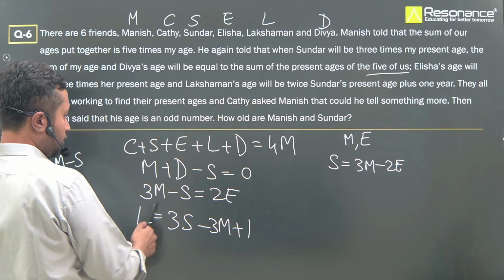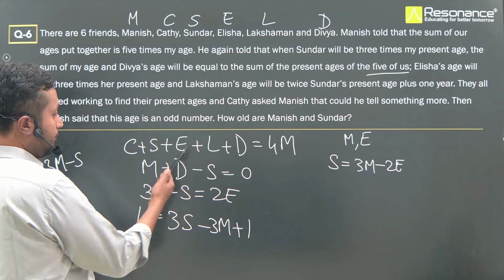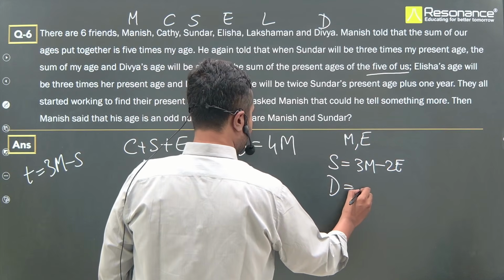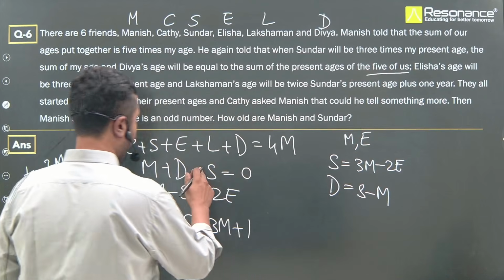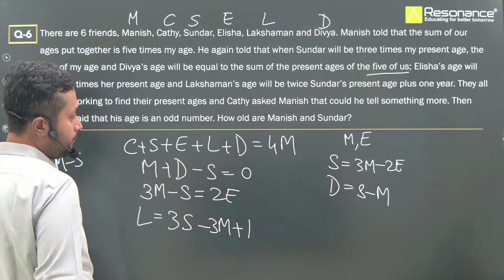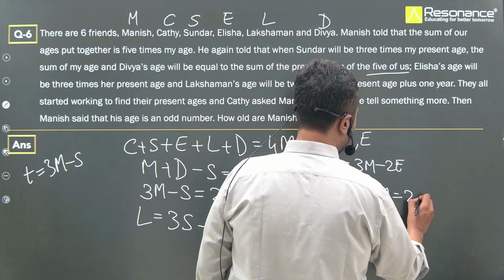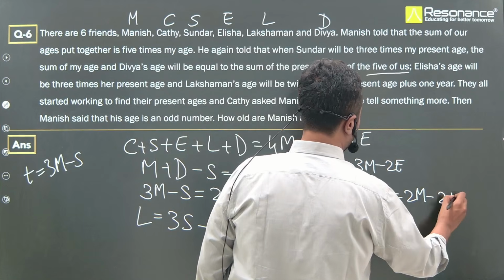Next, we can go for D. What is D? D is S minus M. S goes there, M goes there, S minus M. And S is that quantity, so it is 2M minus 2E.